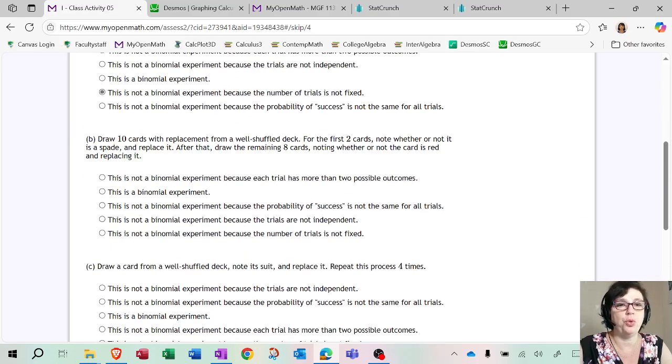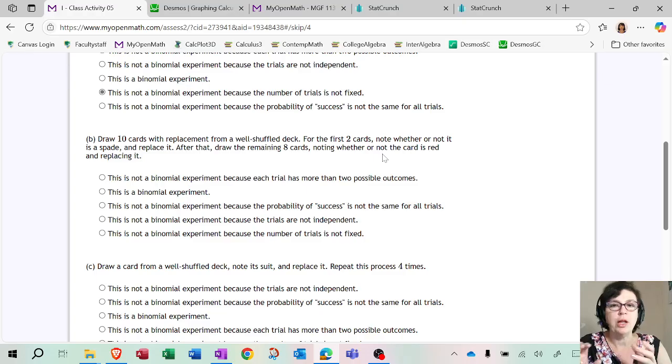Now here it says, draw 10 cards with replacement from a well-shuffled deck. For the first two cards, note whether it's a spade and then put it back in the deck. For the next 8 cards, note if it's a red card, before replacing it. So every time it's the same experiment. I take a card, I look at it, I see if it's a spade, put it back. So the trials are going to be independent.